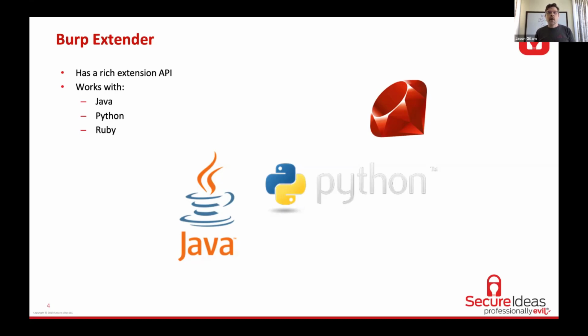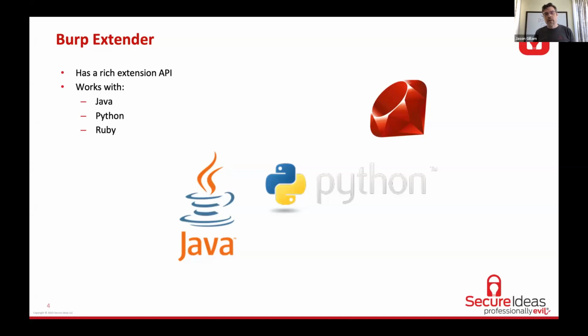So if you have any sort of programming experience in any of those languages, you probably have the skills to extend Burp. Now, that being said, I will add a caveat: Burp itself is a Java application. So if you're going to extend it and you have expertise in Java, then that is probably the language you want to use.